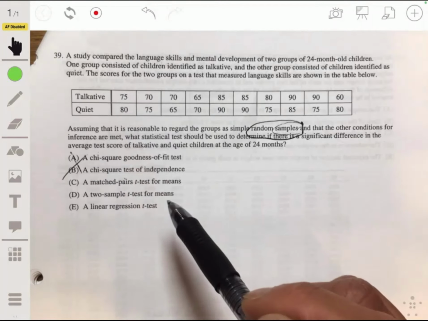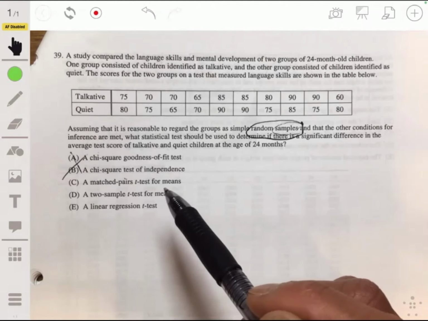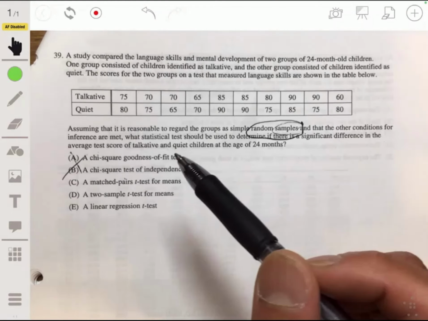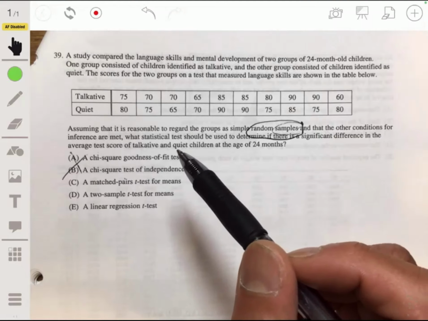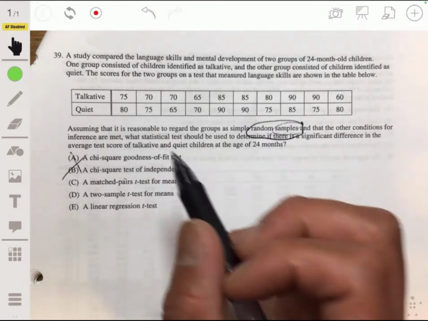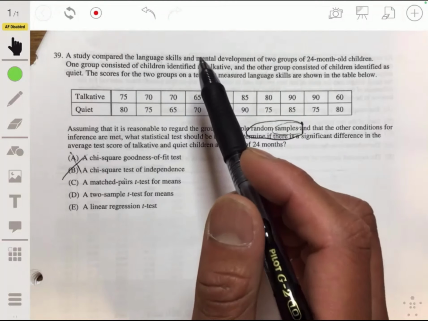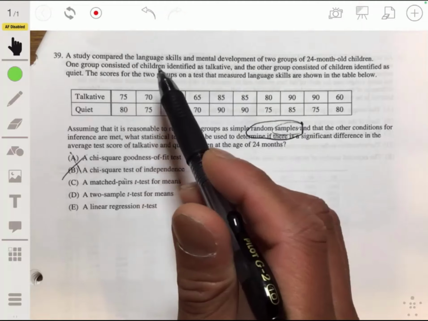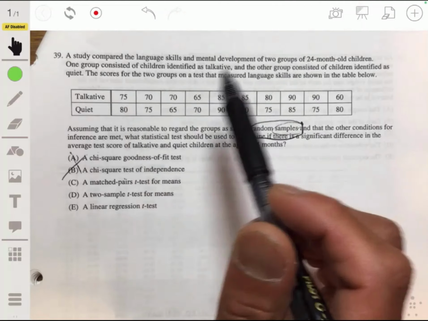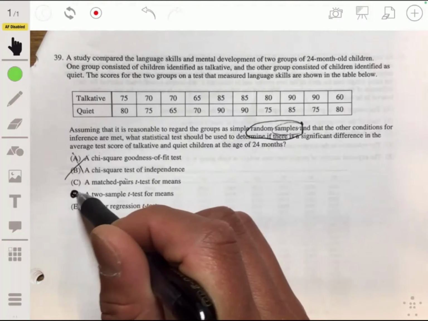So you're not going to have a matched pairs t-test, because when you talk about matched pairs, they're supposed to be similar. That's really as simple as I can put it. It's explicitly told to you that they're not similar, that one is talkative and the other is quiet. So it's going to be a 2 sample t-test for means.